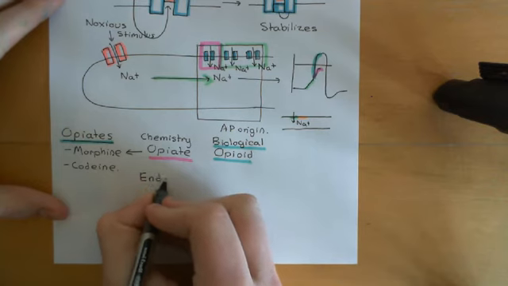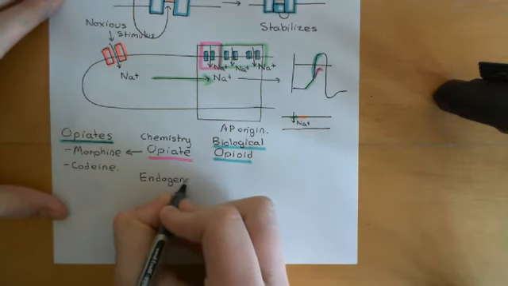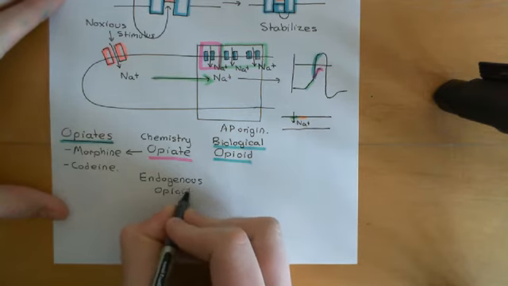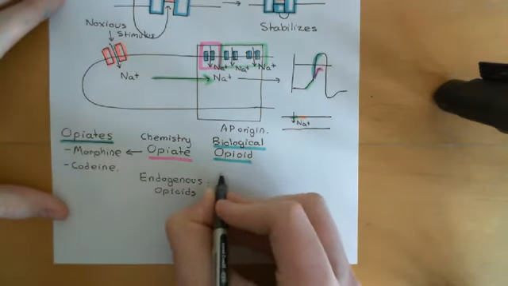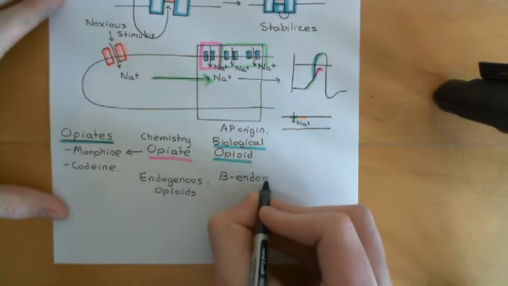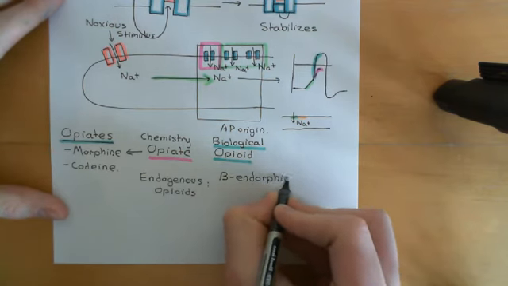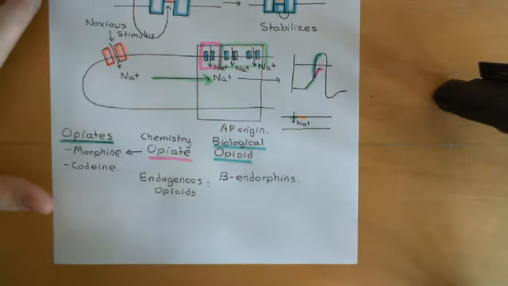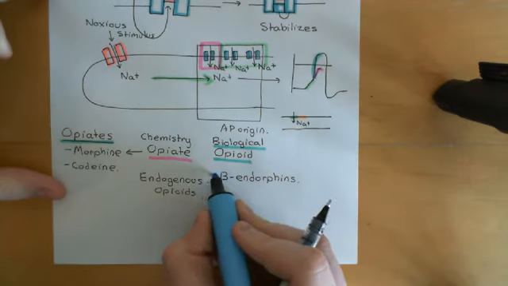There are 3 major classes of endogenous opioids. There are the beta endorphins, which contain the main example, beta endorphin itself. Okay, so that's one category.